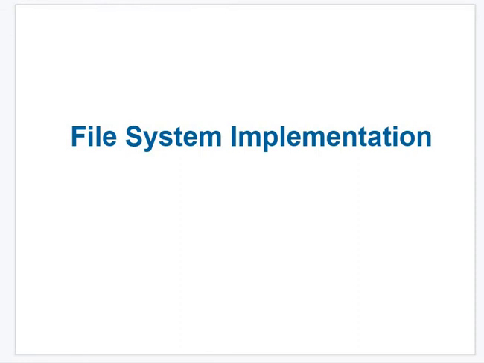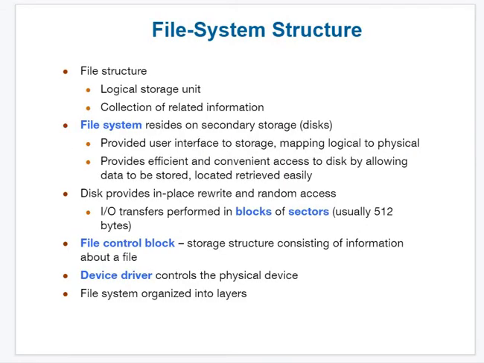So first, the very basic definition of a file: it's a storage unit. There are many types of files like object file, PNG file, JPEG file, MP4, MP3, doc file, docx, PDF, etc. These all are files.